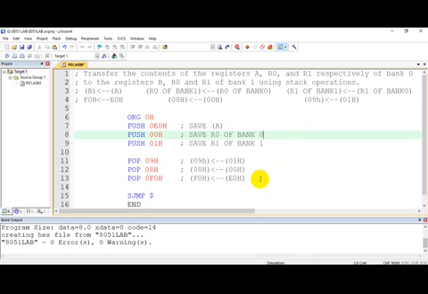So this ends 8051 stack. The knowledge of stack and the stack instructions is very important for understanding the subroutines.